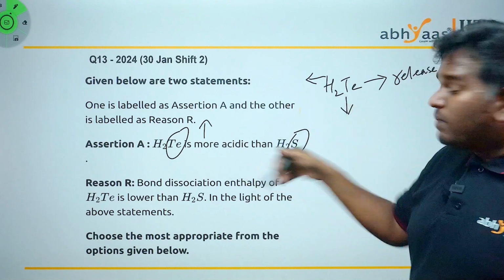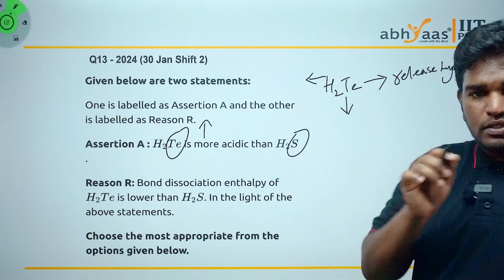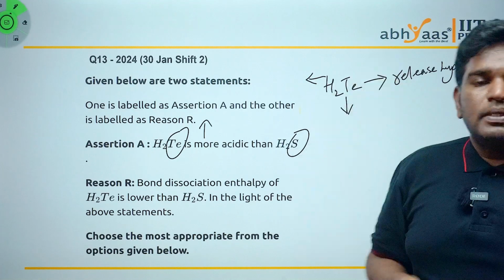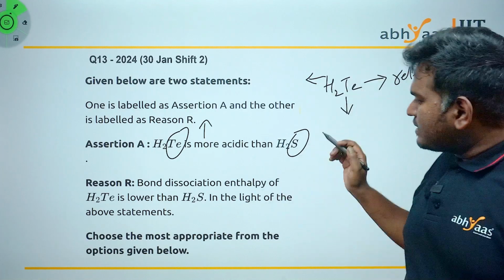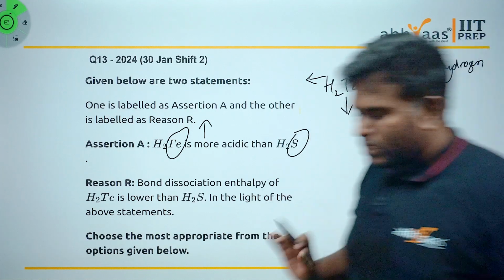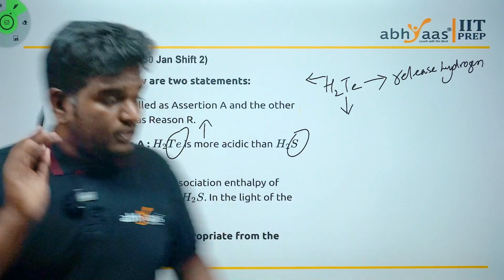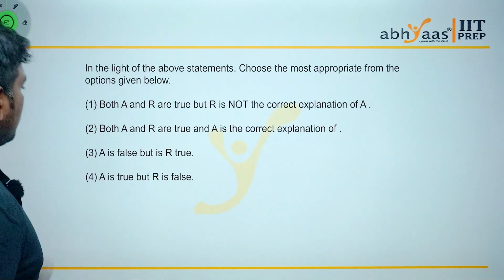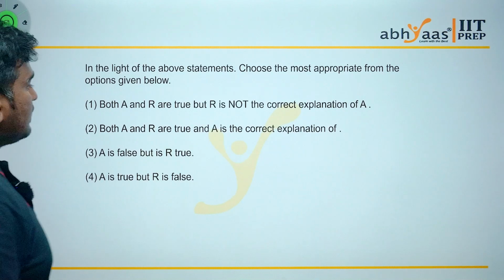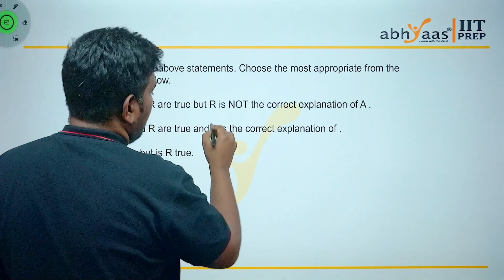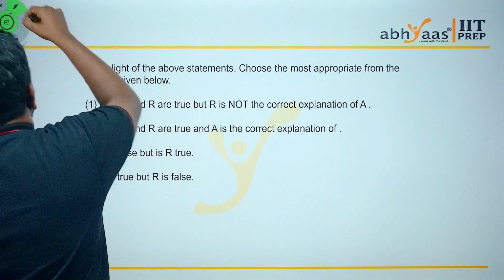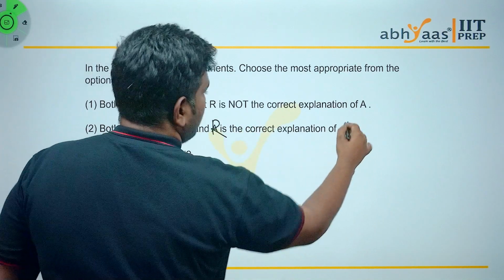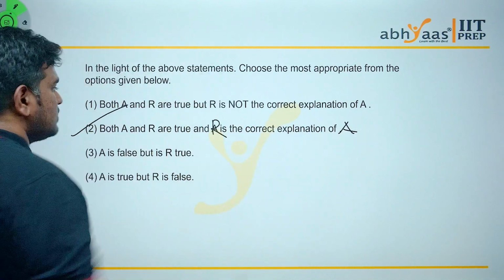The same reason, the bond dissociation enthalpy of H2Te is lower because of the higher atomic radius, right? So we can say that both assertion and reason are right. Both A and R are true, and R is the correct explanation of A. So we have to go for the second option.